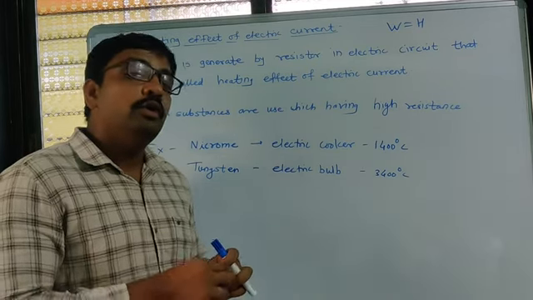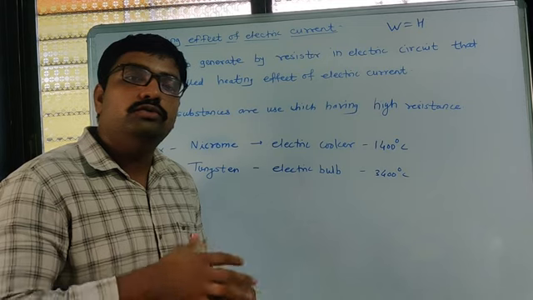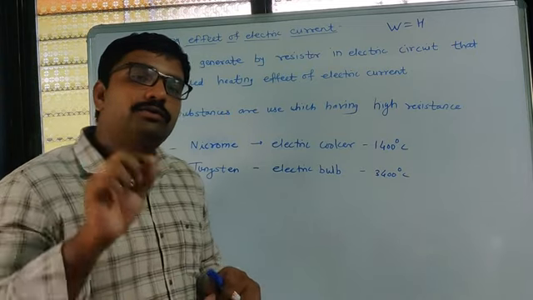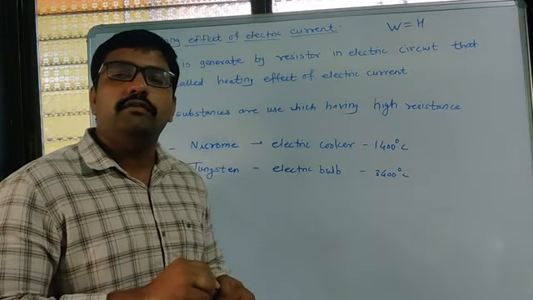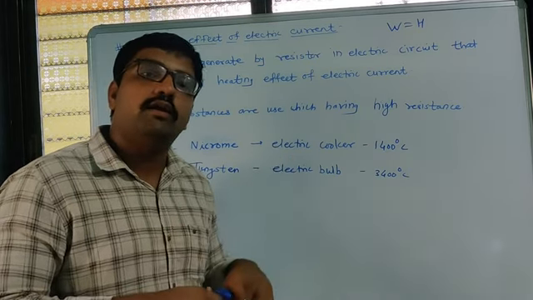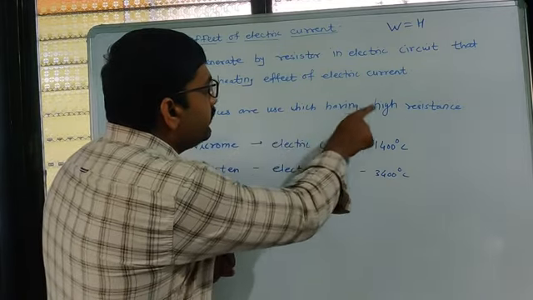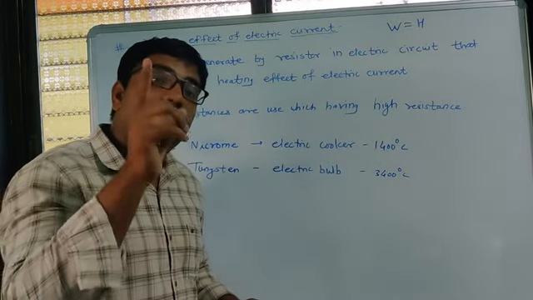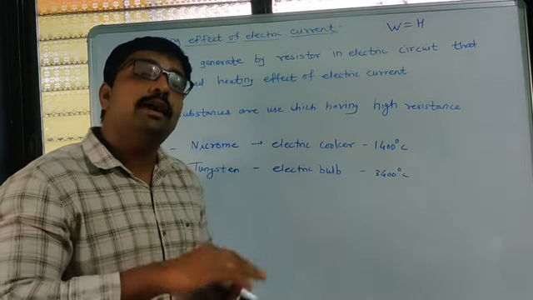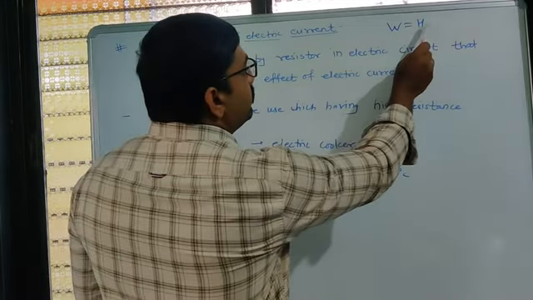We have to pass the current through those resistive substances, so we have to do some work. Finally, if charges are passed through those resistors, whatever work we do gets converted into heat, as we saw in Joule's law of heating. So such substances with very high resistance are used in the electric circuits. Due to that, we have to do some extra work to pass the charges, and that extra work gets converted into heat.